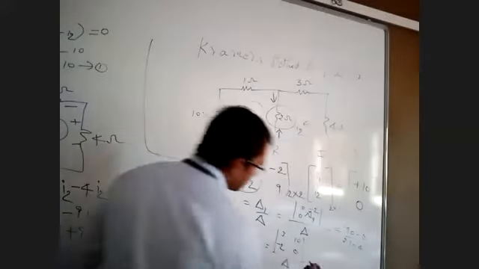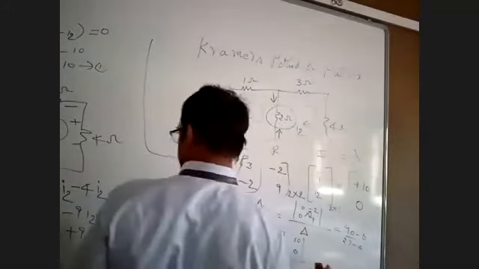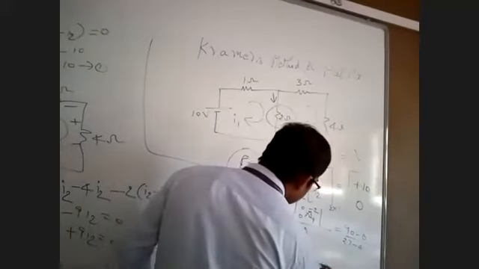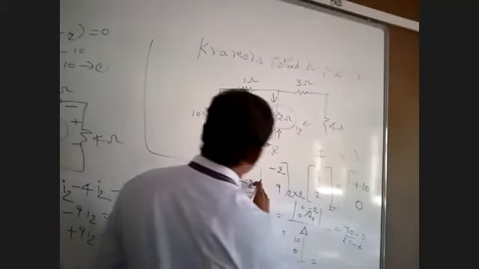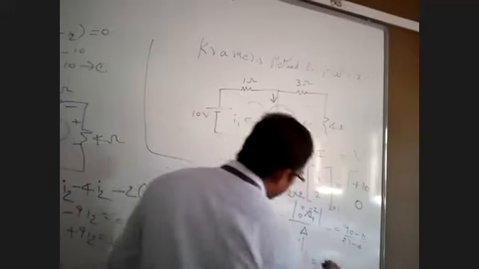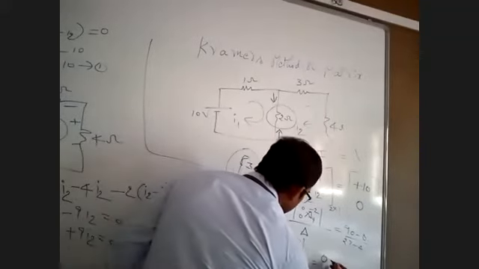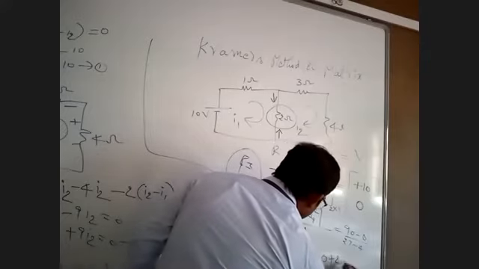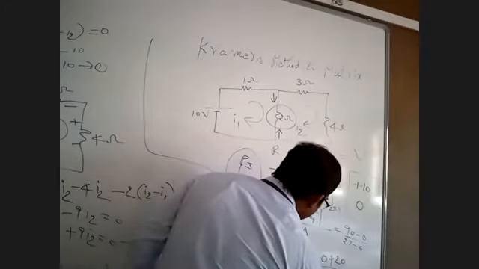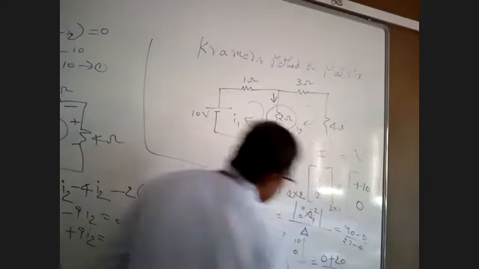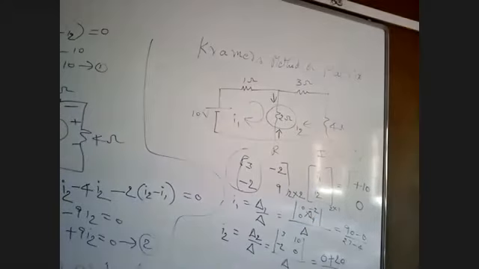Next, here. What is the determinant? 3 into 0, 0, plus 20 by 23. Is it okay?